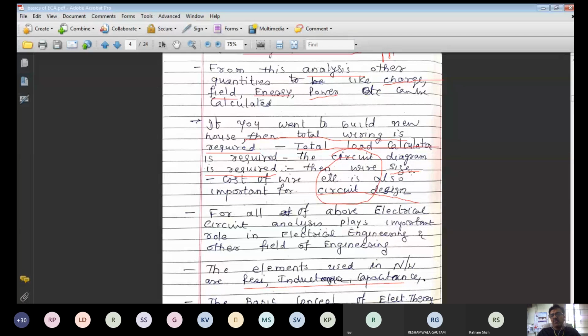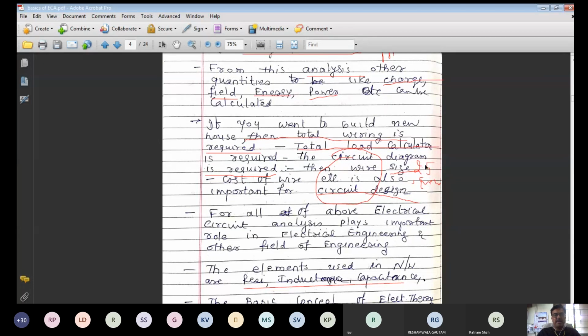There are different sizes of wire, for example 2.5 square mm, which is the size of the cable, then 4 square mm, and all other sizes of wire are also available in the market.